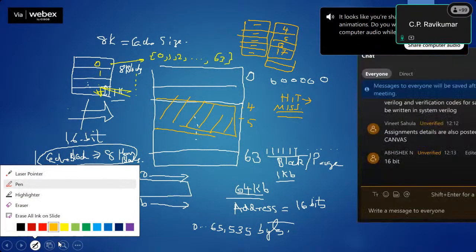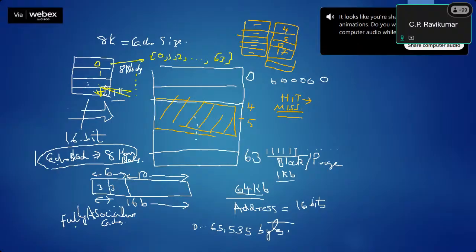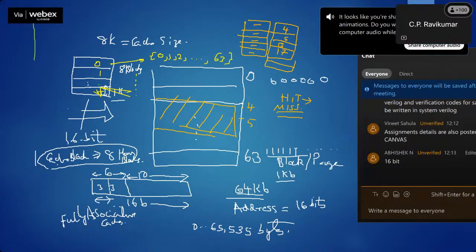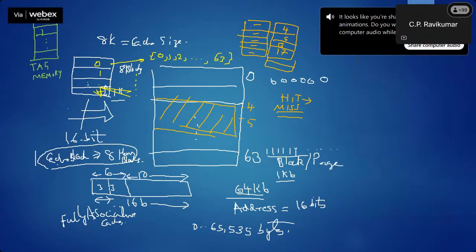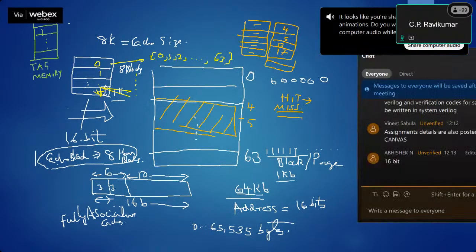Now, how do I know whether it's a miss or not? So what they do is, there is a memory called tag memory. Let us say there are 8 of these, each will be 6 bits.